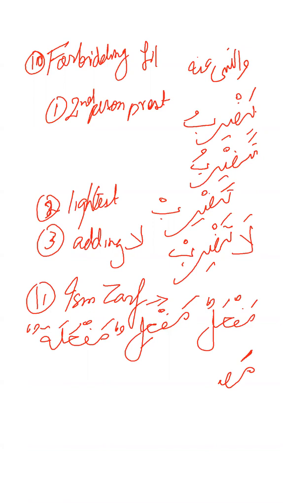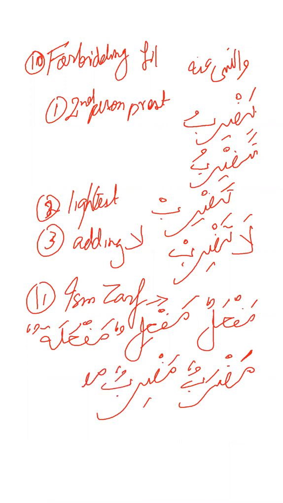Remember, ism maf'ul and ism fa'il in the bigger families start with mu, and even the ism zarf. And here ism zarf starts with ma. So it will be madribun, madribun, and madribah.